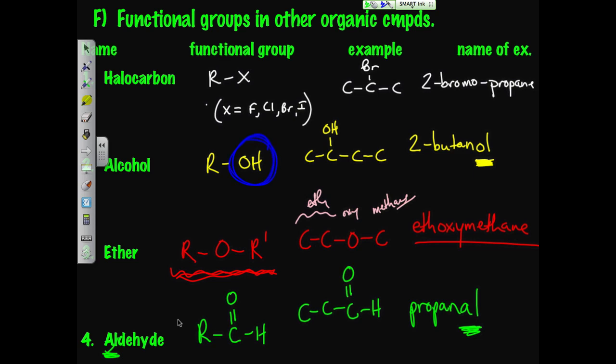OH here for an alcohol ends OL. This is also kind of like an OH, but of course it's a double bond OH, but it ends AL. Okay, so just count how many carbons. I got 3, propanal. Wait, would it ever be like carbons split up, not right next to each other? Nope, because our R continues into this C over here.